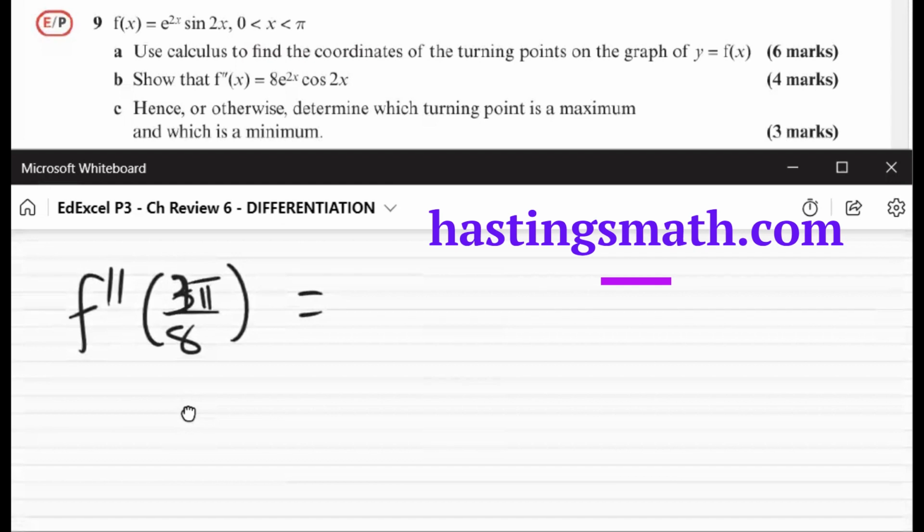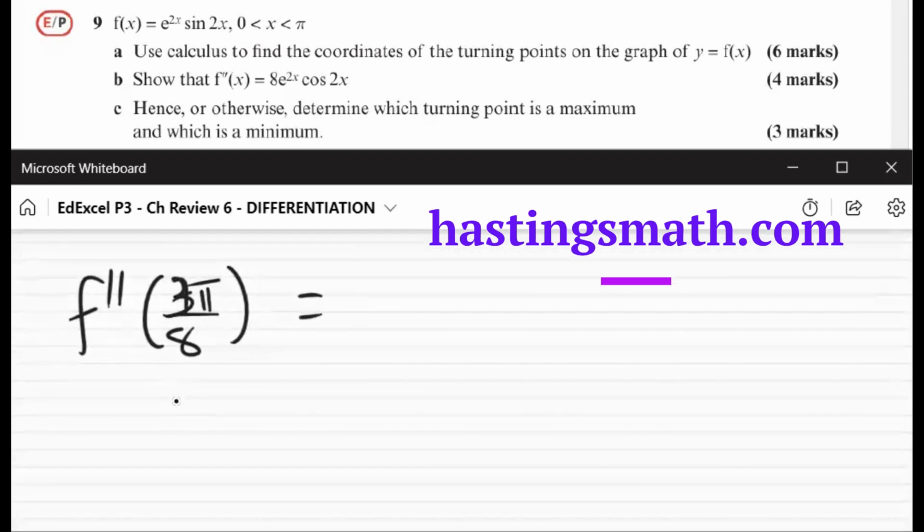I get that this one ended up being large. Let me just stick this into my calculator. This one's negative.